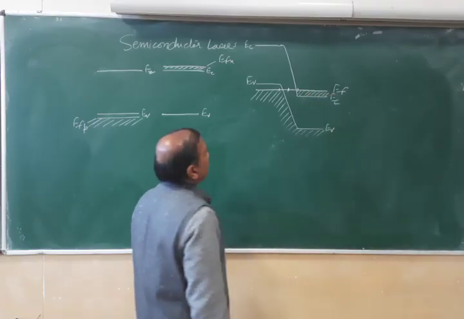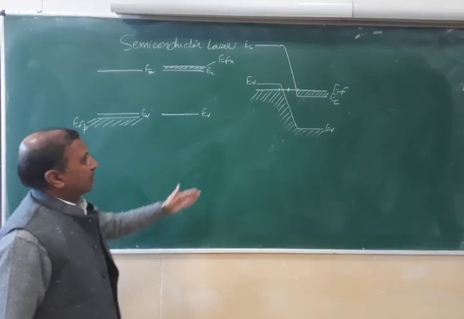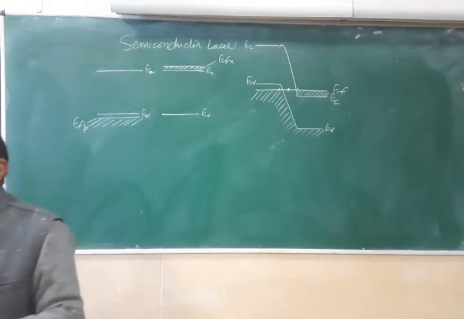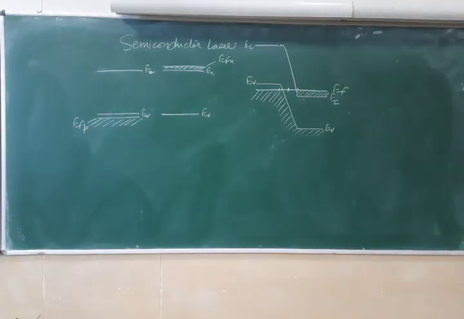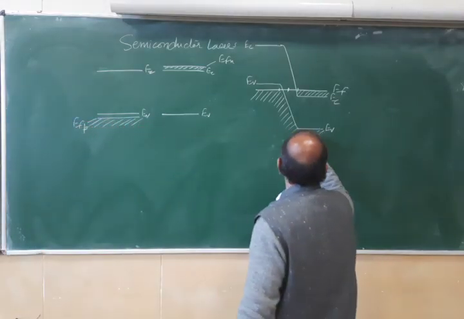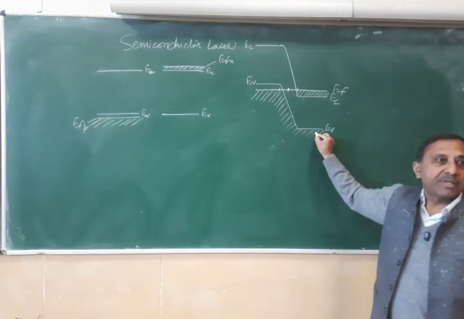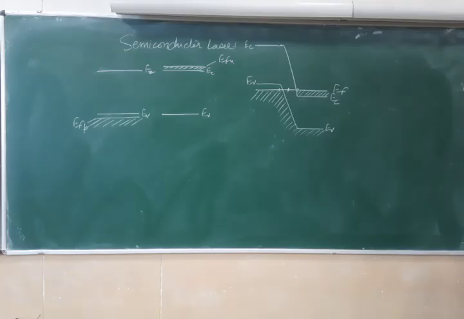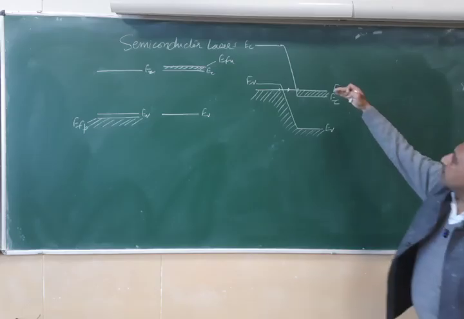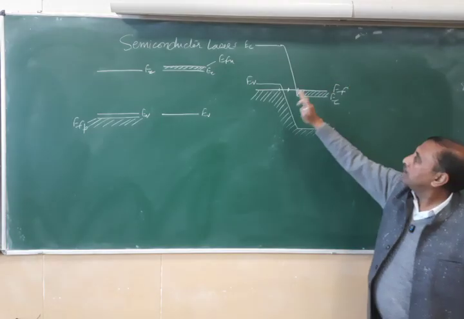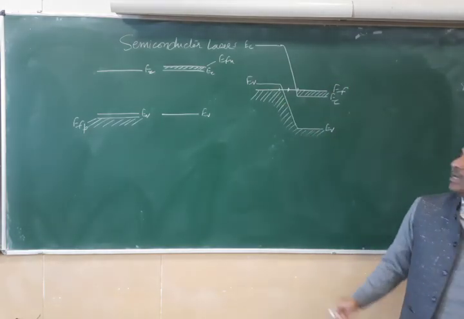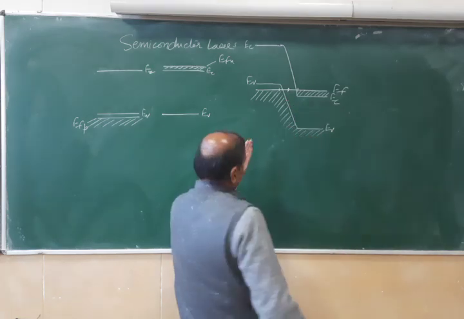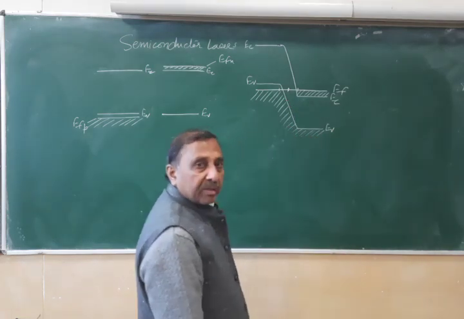ये जो शेडेड पोर्शन शो किया है, this portion shows filled energy states. ये जो बार शो कर रहे हैं, जो शेडेड पोर्शन है, दिस इज द रीजन फुल ऑफ इलेक्ट्रॉन्स, the band full of electrons, and the remaining portion here you see empty states. So, you get the energy band diagram like this.